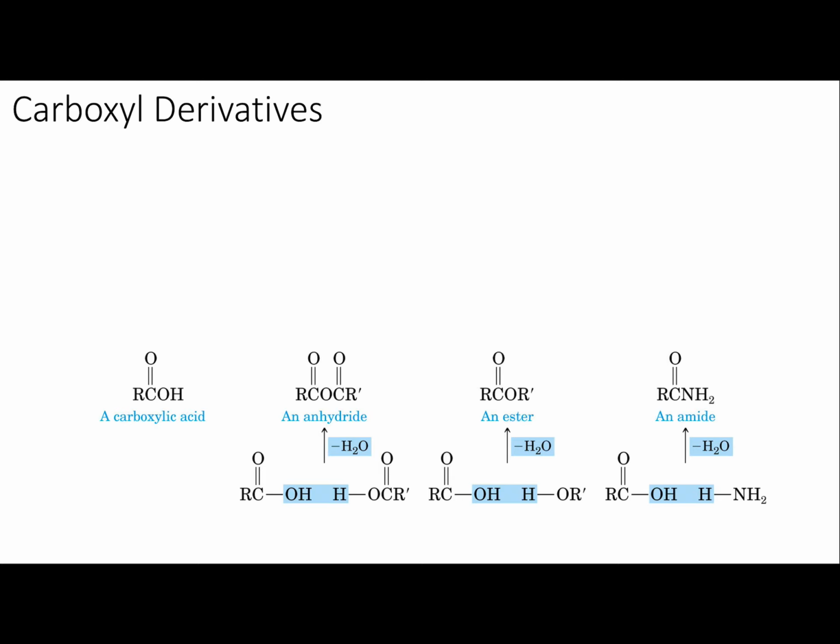So in our carboxylic acid, we're going to lose an H2O, including an H that's going to come from a neighboring molecule. So reactions with carboxylic acids that produce either esters or amides or anhydrides have to have some kind of other OH on them somewhere, other hydrogen coming from somewhere so that we can get that water molecule.